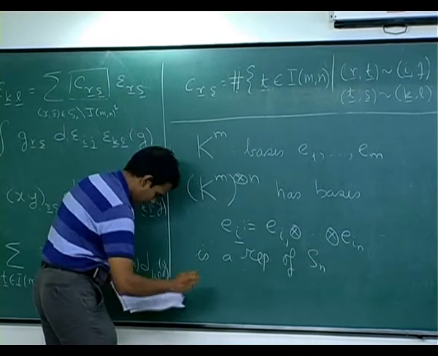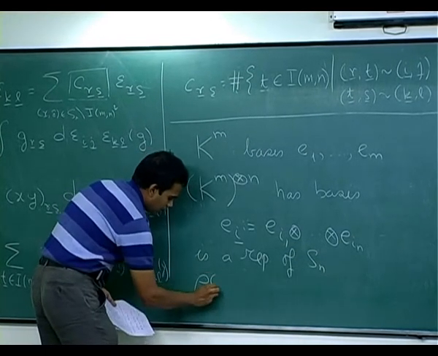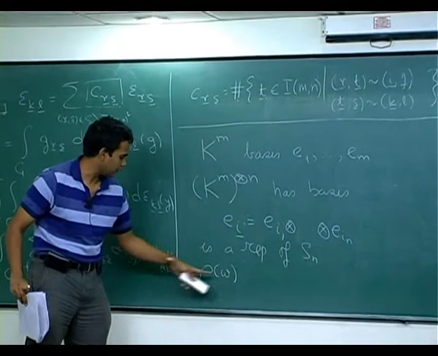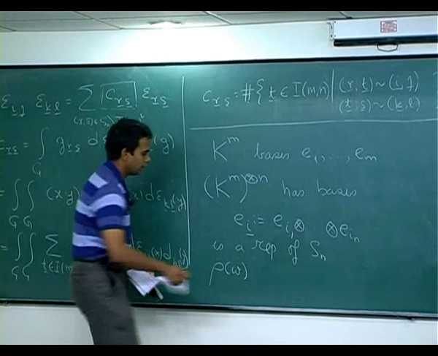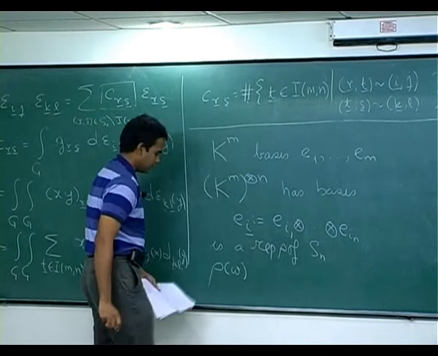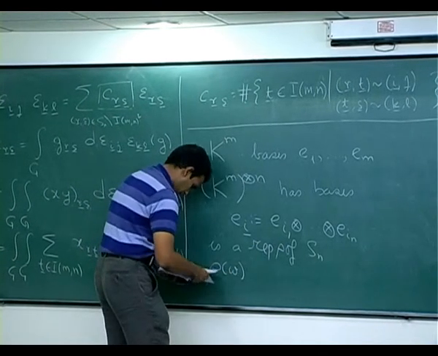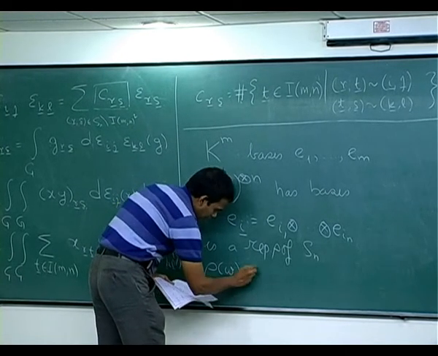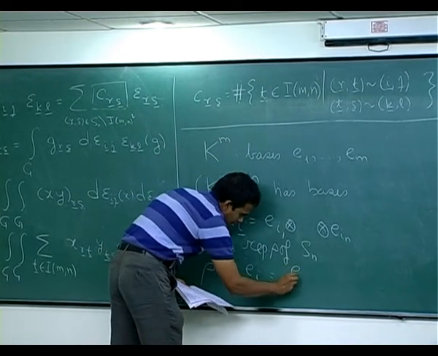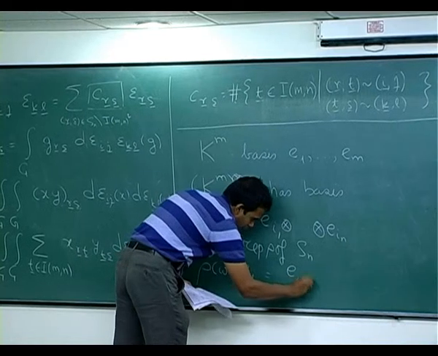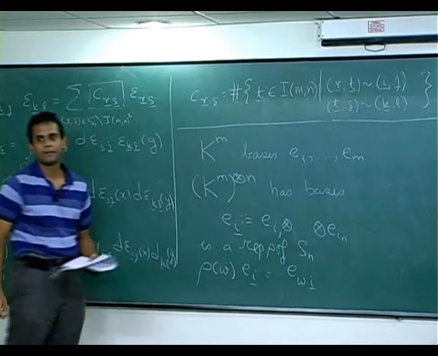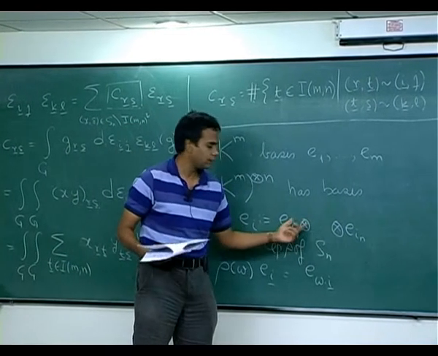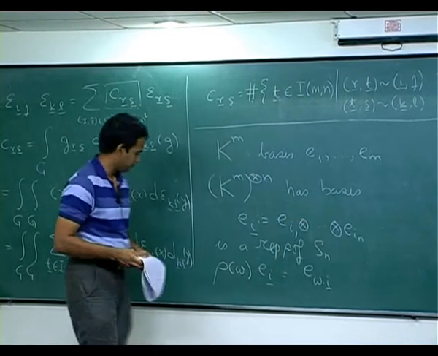Just by W as permutation, rho is what I am calling this representation, rho of W on E_I is E_WI. You just permute the order in which you take the tensor product.